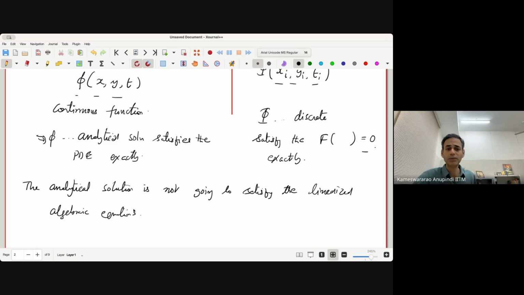We know that it is not going to satisfy this because this is obtained by solving the partial differential equations, whereas capital phi was obtained by solving the set of algebraic equations.